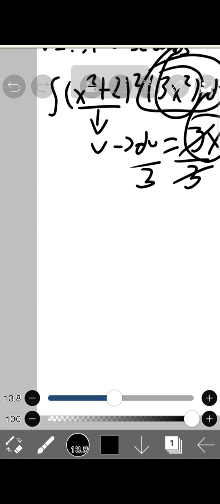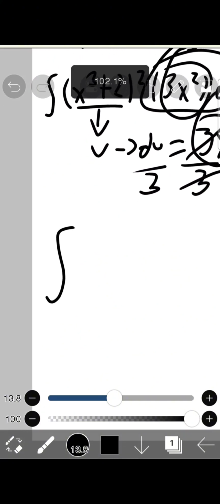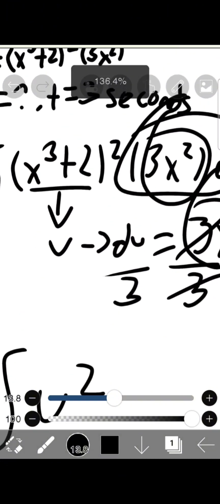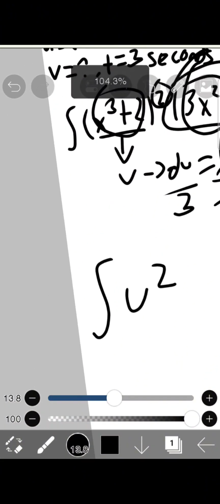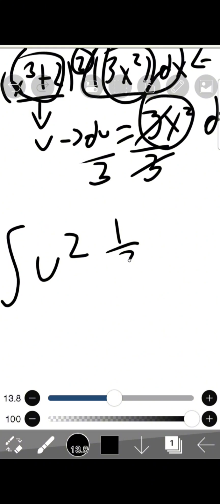So we can define our new integral as u squared, because this entire quantity is u and we have the squared here, and then 1 all over 3 multiplied by du.